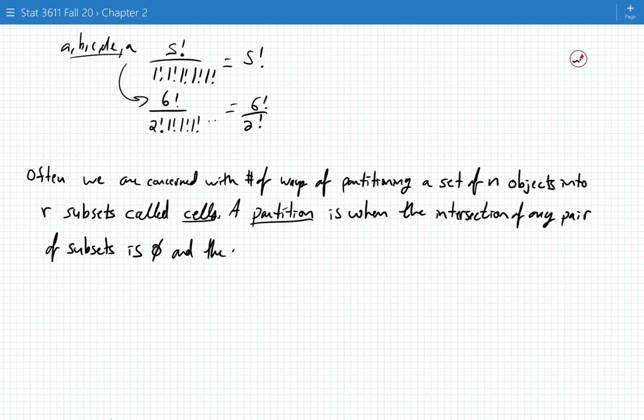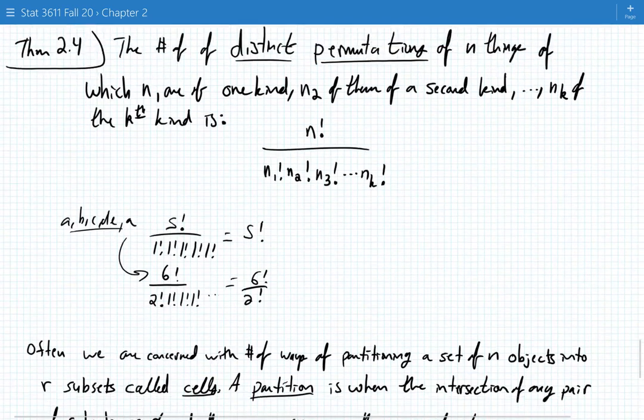And the union gives you the original set, or the whole set.